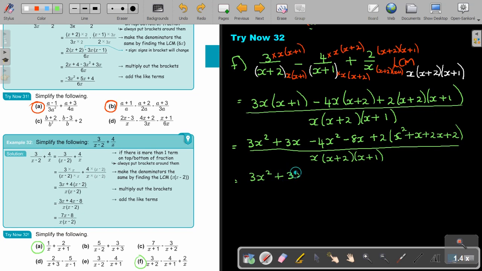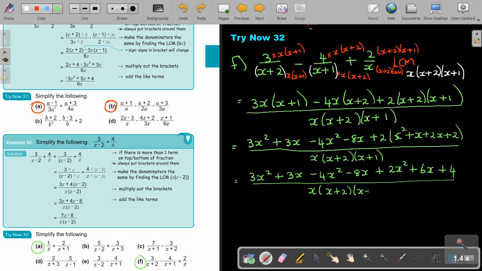I will simplify now. You can already simplify. I'll show you where I will simplify. In this case, I will say 1 plus 2x is 3x. Okay, but first, 2 times x squared will be 2x squared. This was 3x times 2, so it will be 6x plus 4 over x plus 2, x plus 1.